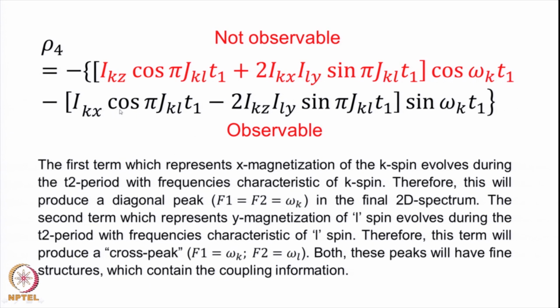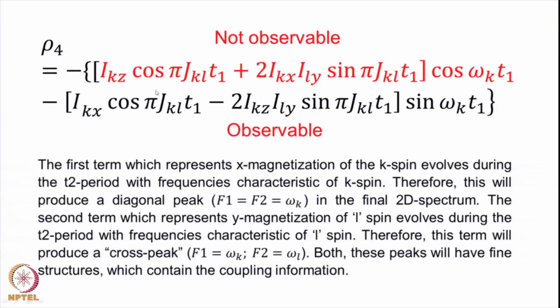The second term remains like this, the KX is not affected, so it remains as KX cosine pi jkl t1, but here you see there is a change. So I get here minus 2 IKZ ILY sin pi jkl t1 sin omega k t1.